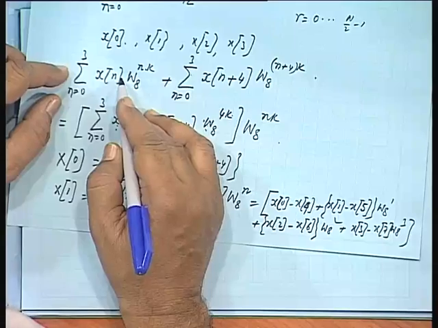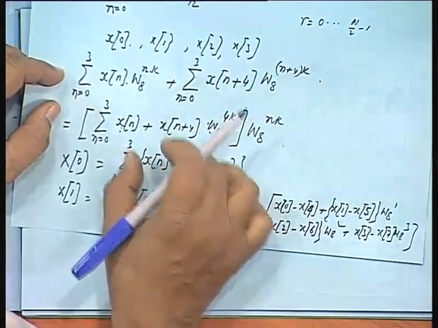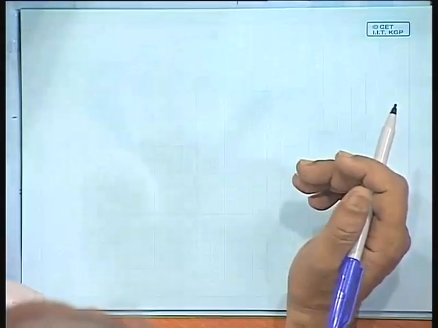Instead of computing from 4 points, I can go to 2 points and then combine them in a particular fashion. Now, I leave it as an exercise. You find out what will be the signal flows, the butterfly structure for this in the frequency domain, decimation in the frequency domain.